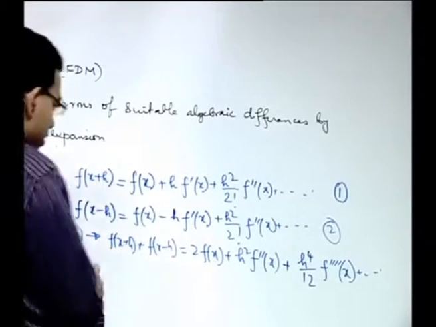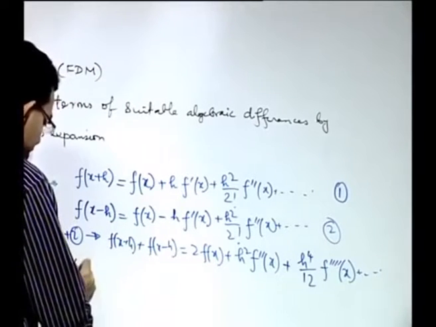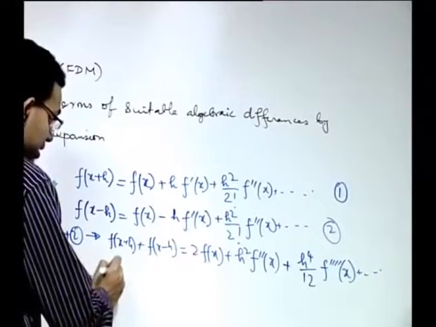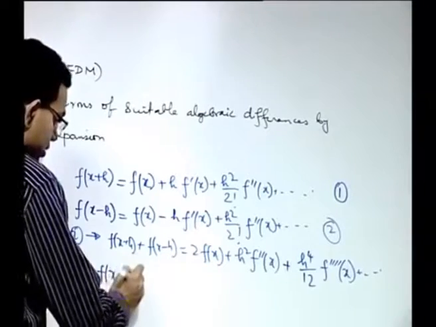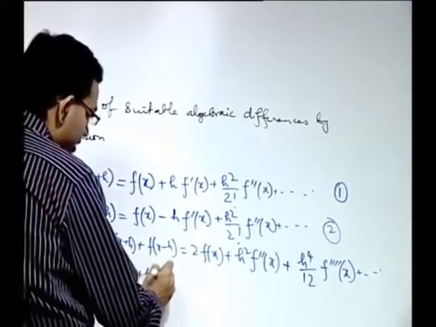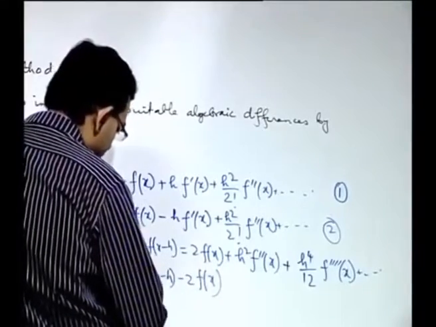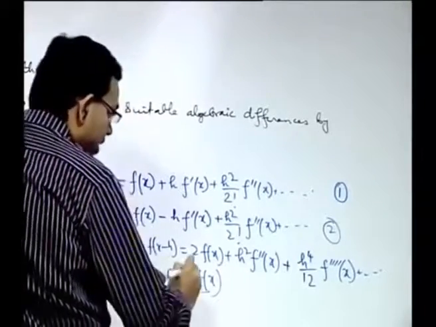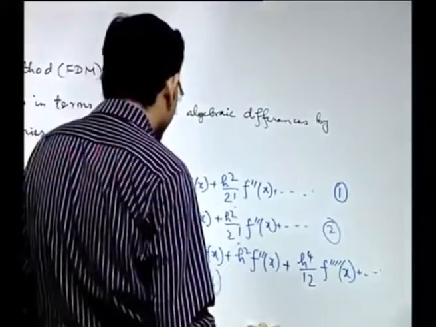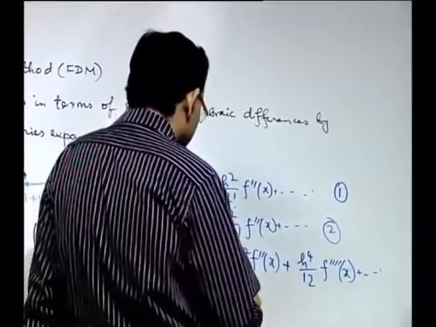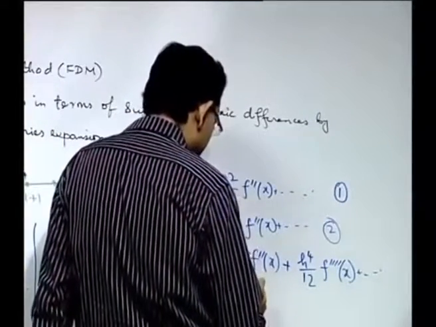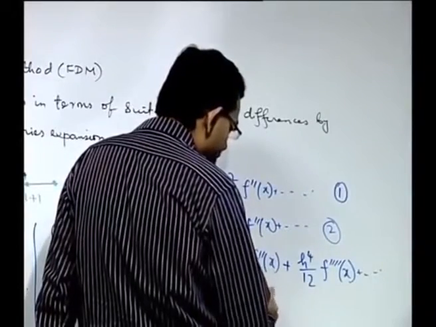So, from here you can write f double dash x is equal to f x plus h plus f x minus h minus 2 f x divided by h square, minus h square by 12.